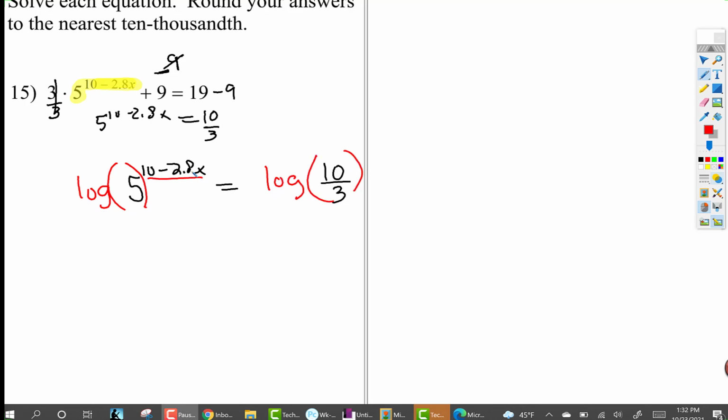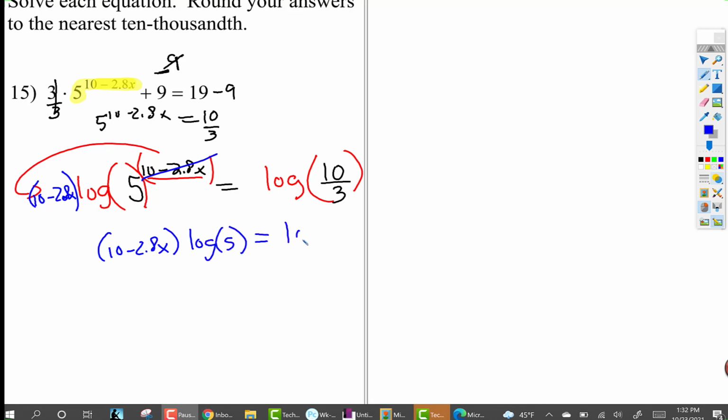And then this exponent, that entire phrase, is going to come down in front, because remember, laws of exponents, when you raise a power to a power, you multiply. So this becomes 10 minus 2.8x times log 5, and then this is log 10 thirds.